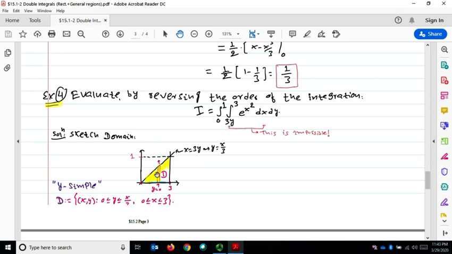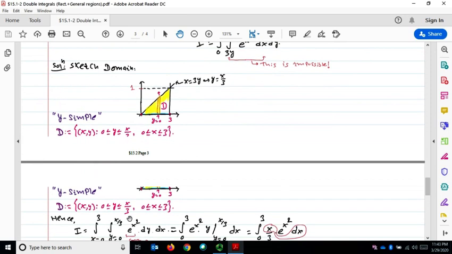Then in vertically simple, draw the vertical slice. Then we find the y bounds: the entering value is given by the x-axis, so y equals 0, and the exiting value is given by this diagonal line, which is x equals 3y. Solve for y equals x over 3. Same as here.